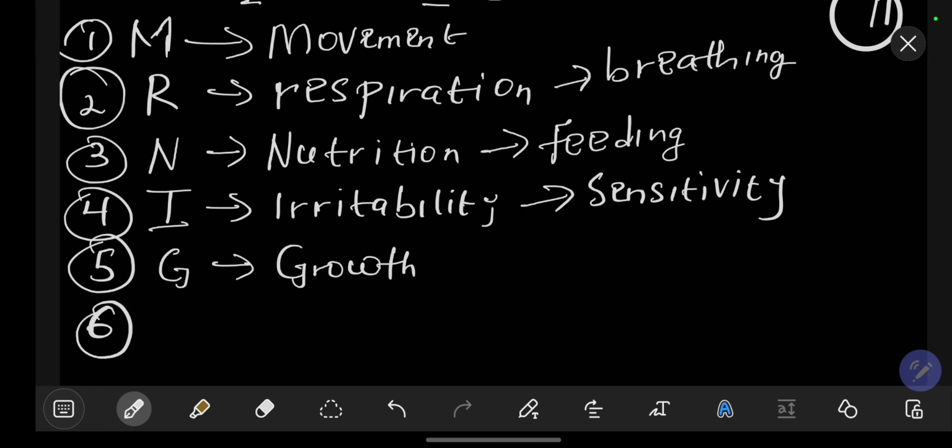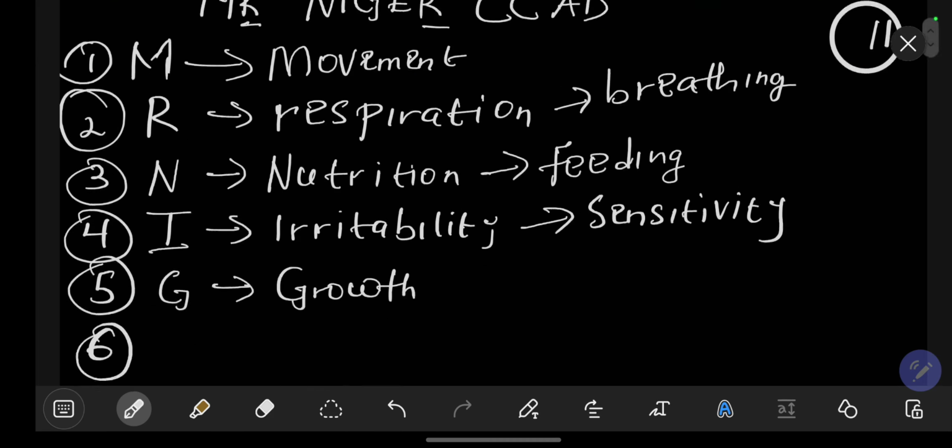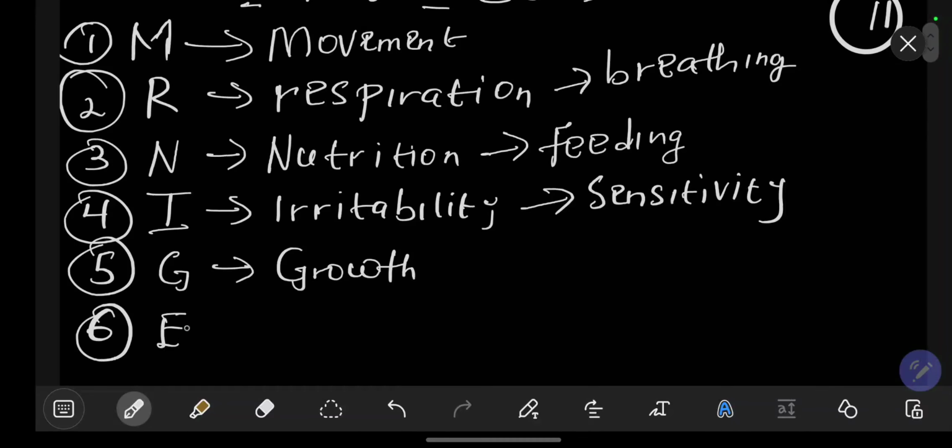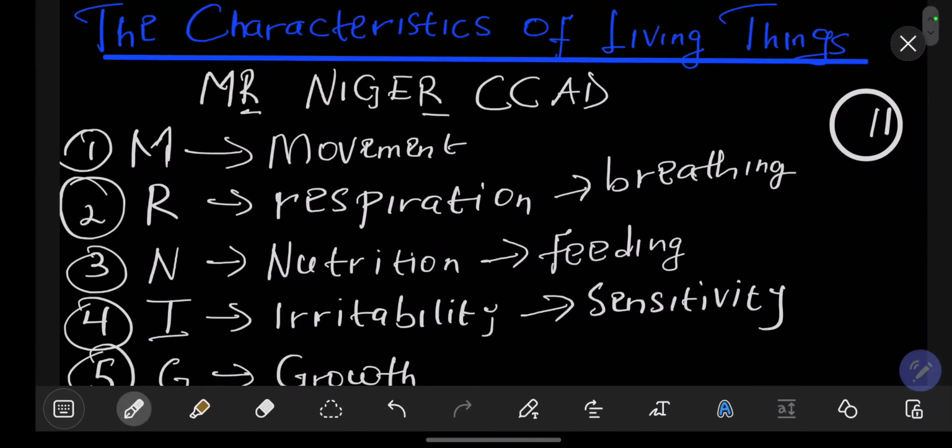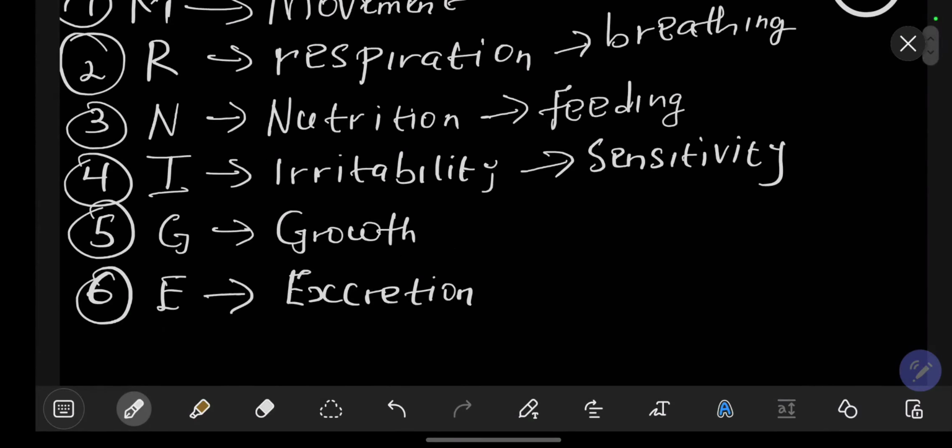And the sixth one is E, and the E stands for excretion. Now, for those writing, excretion is defined as the removal of waste products of metabolism. That is excretion. Do not confuse the word excretion with defecation.